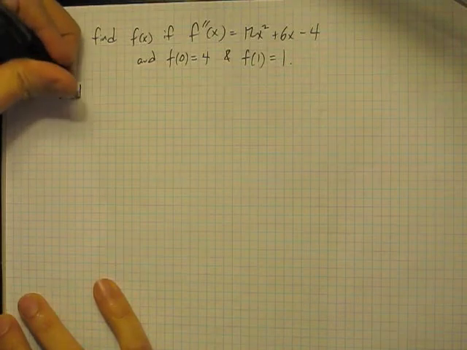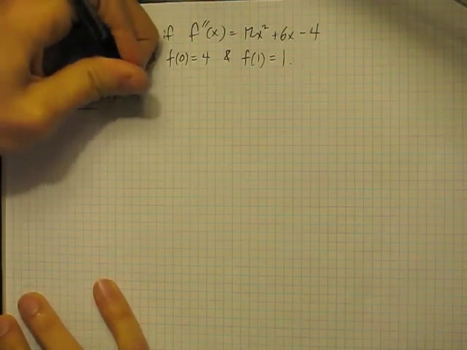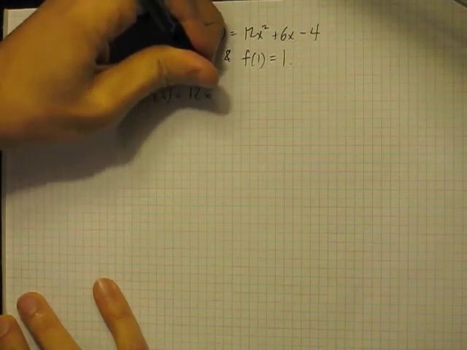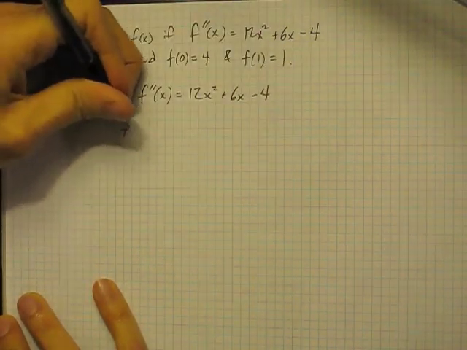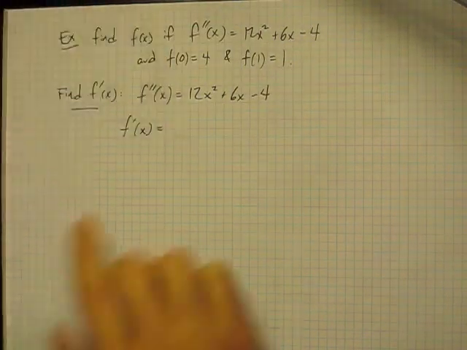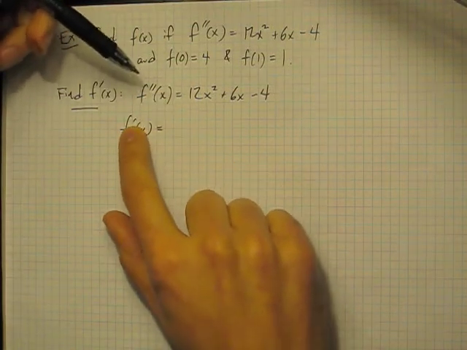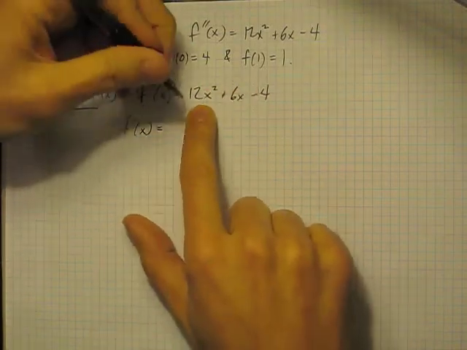First, find the first derivative. Okay, so we know that f double prime is equal to 12x squared plus 6x minus 4. So that means that we can take a guess at what this first antiderivative is, right? So going from 2 primes to 1 prime is just going backwards by taking the antiderivative once. So let's use our rules.